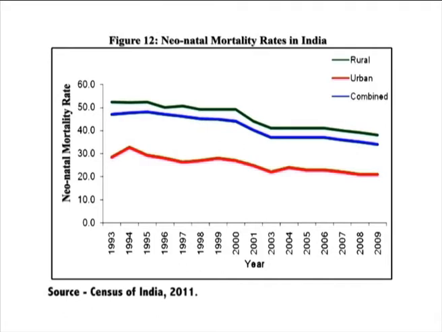The neonatal mortality rate of rural population had declined from 52.3 in 1993 to 38 per thousand live births in 2009, whereas for urban population it had declined from 28.4 per thousand live births in 1993 to 21 per thousand live births in 2009.